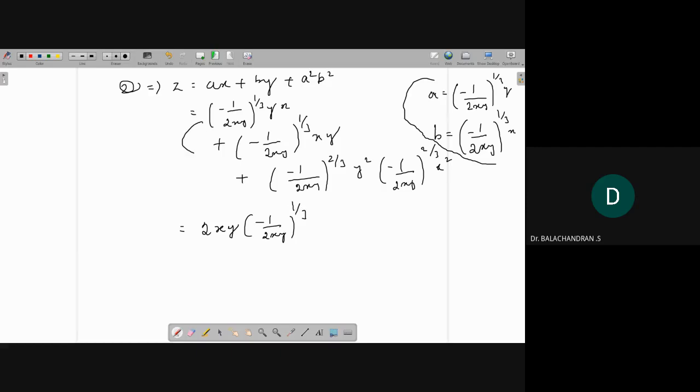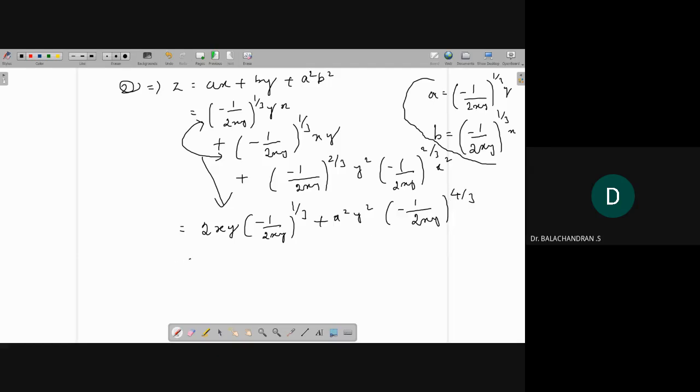Just I am adding these two. Now plus x square into y square, minus 1 divided by 2xy, here also minus 1 divided by 2xy whole power 2 by 3. So just add the power, you get minus 1 by 2xy whole power 4 by 3.